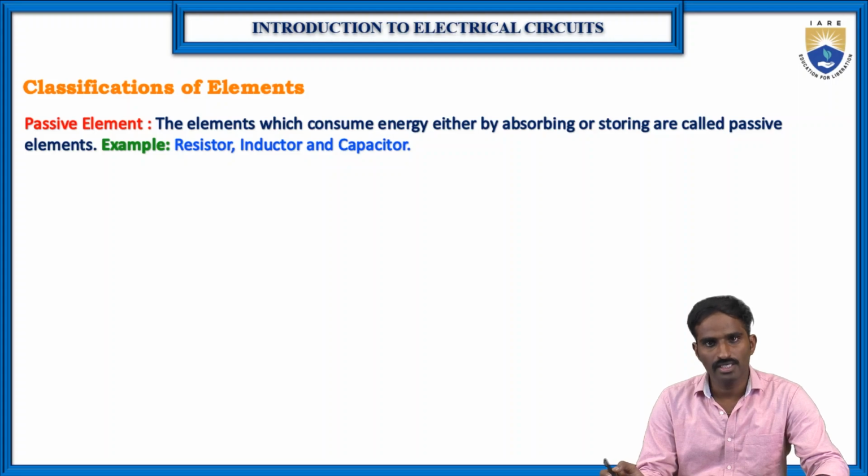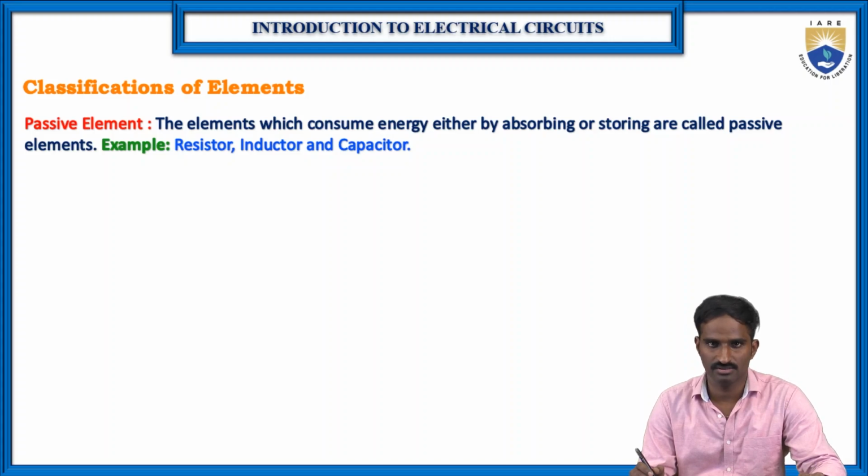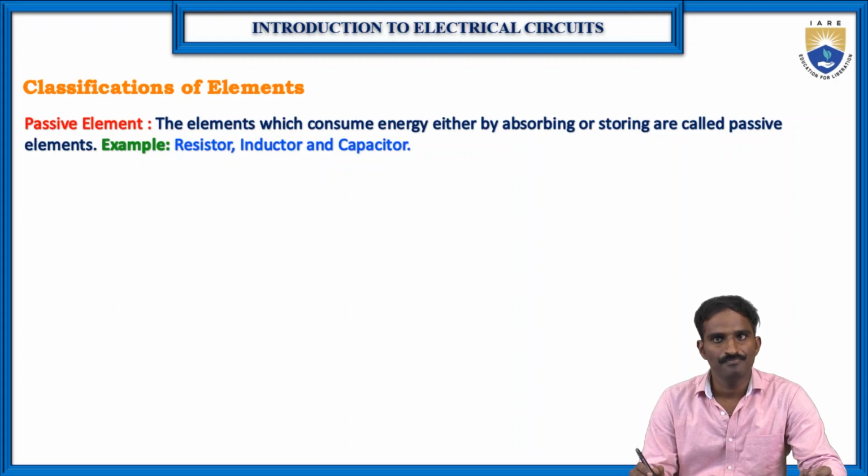Active elements, as we discussed in the previous class, are the energy supplying elements, like voltage source and current source. When coming to the passive elements, the elements which consume energy, either by absorbing or by storing, are called the passive elements.